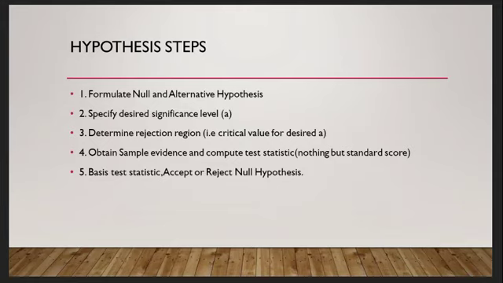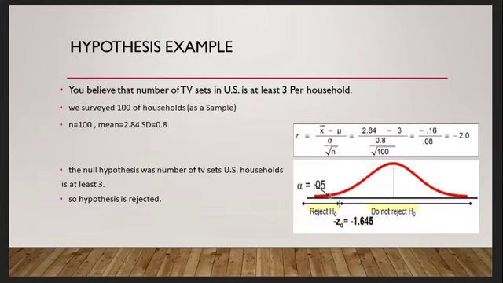Okay, now let's have an example for a hypothesis and solve it with what we learned. In this example, we believe that the number of TV sets in the United States per household is at least 3. So this is our assumption.